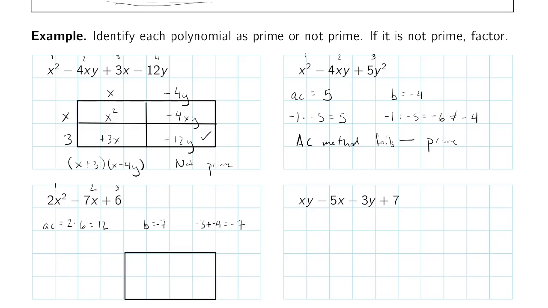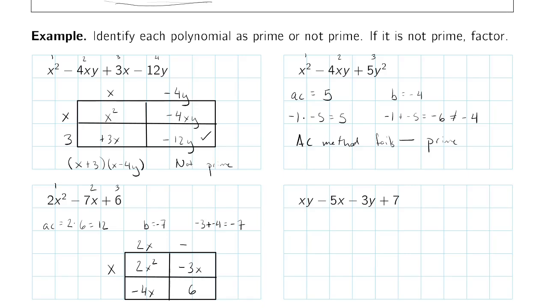Let's see, drawing out our rectangle. Our first term is 2x squared. Our last term is 6. We've got a negative 3x, a negative 4x. First row, my greatest common factor is just an x. First column, I'll need a 2x.